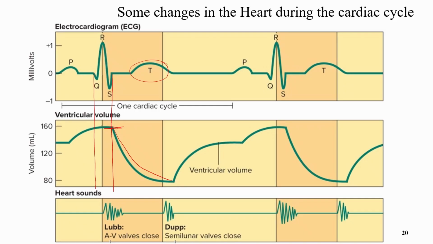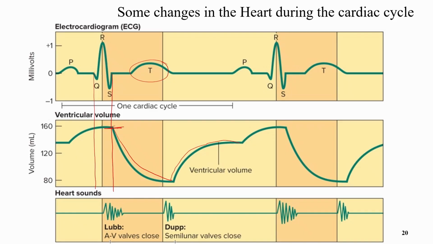They've come to their baseline, the pressure inside them has gone down, and blood is now going to be coming in from the atrium again into the ventricles. And so the ventricles begin to fill up.